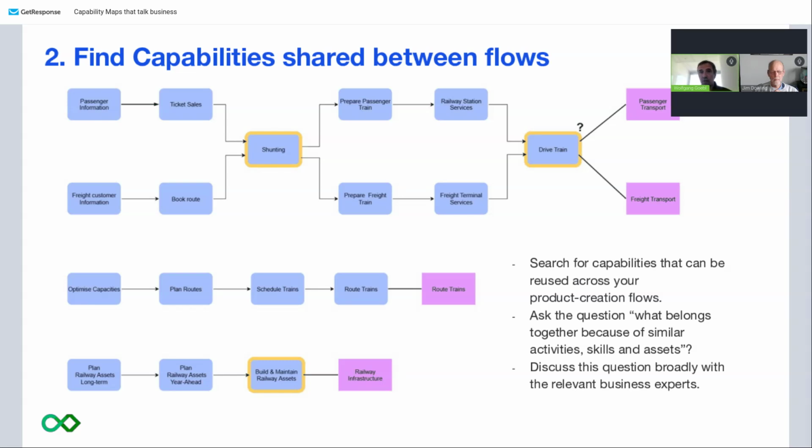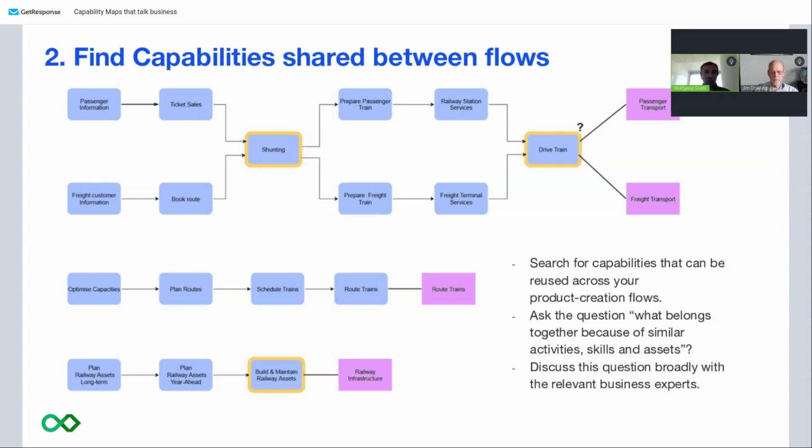So, for example, the difference is freight trains usually drive at night, and passenger transport is usually done in the day. And then you need to discuss, okay, for the drive train capability, we need people with a certain skill, train drivers, so they must be able to manage the locomotive. Are those the same skills?